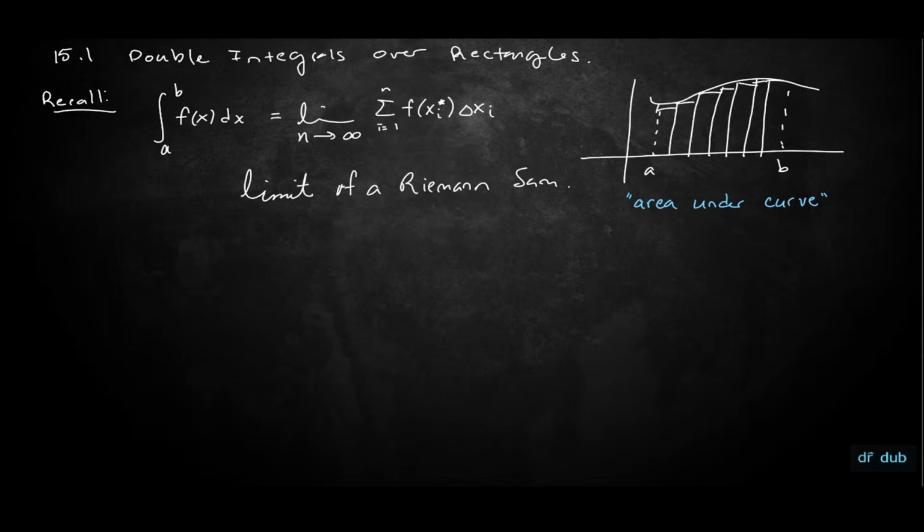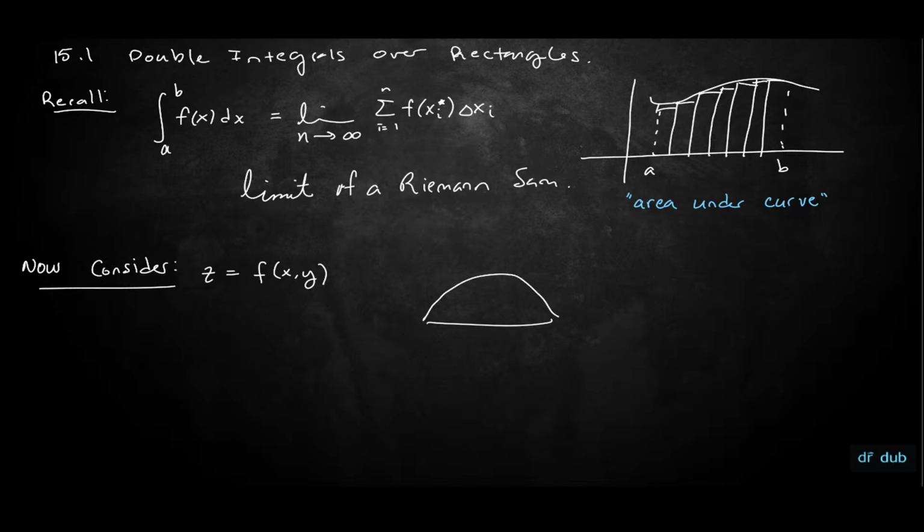So today what we're going to do is we're going to look at a function of two variables. So now consider z equals f of x y. Some surface in the three-dimensional space. Like it could be a hemisphere, paraboloid, whatever.